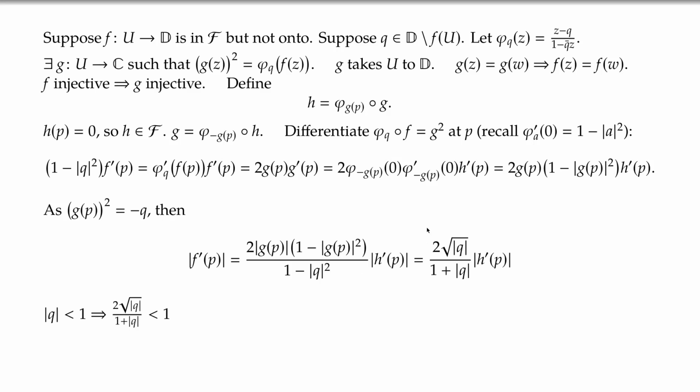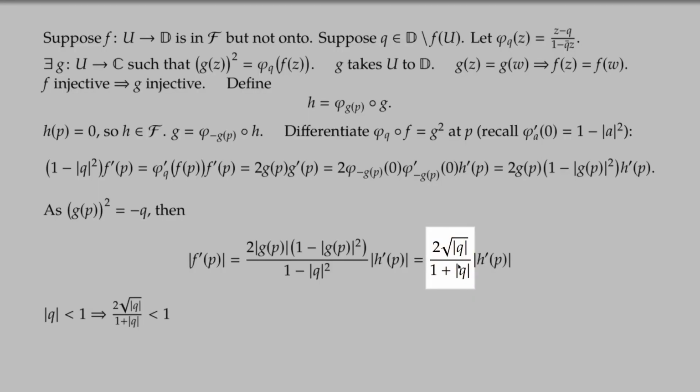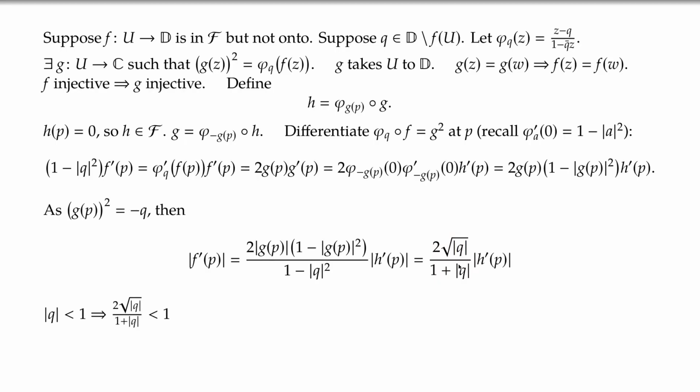Therefore, this factor before is less than 1. So in particular, the modulus of f prime at p is strictly less than h prime of p. Okay, so we've shown that if f is not onto, then it does not maximize the derivative at p.